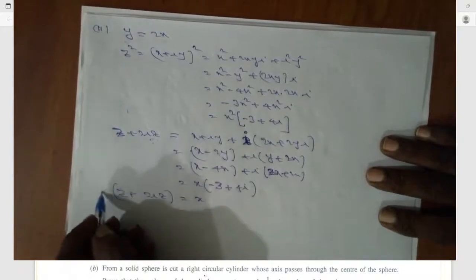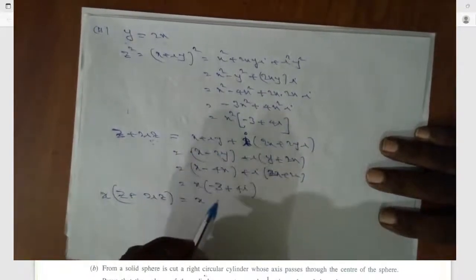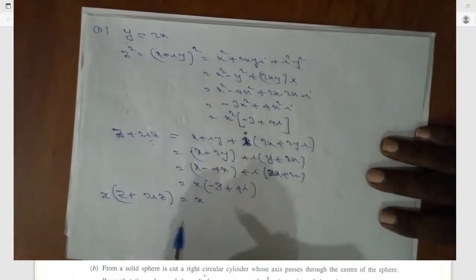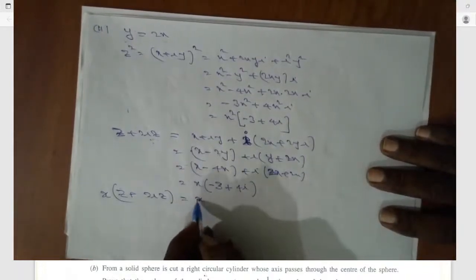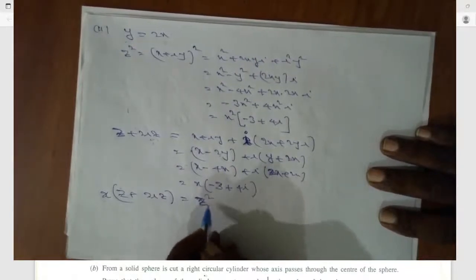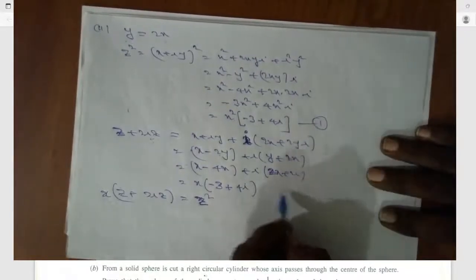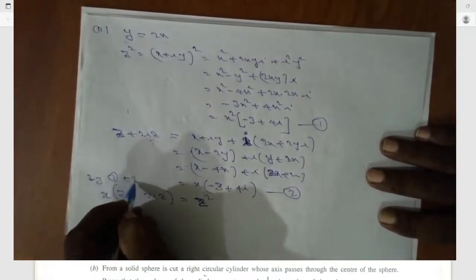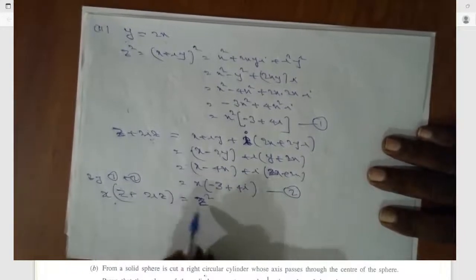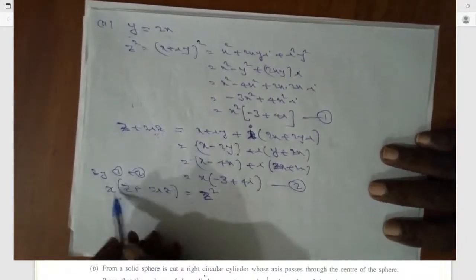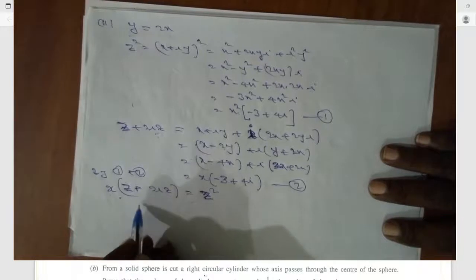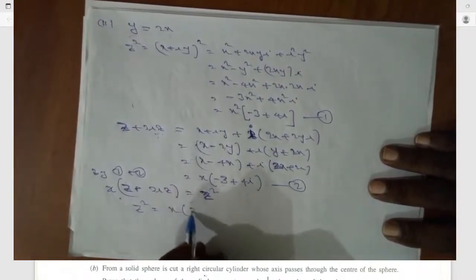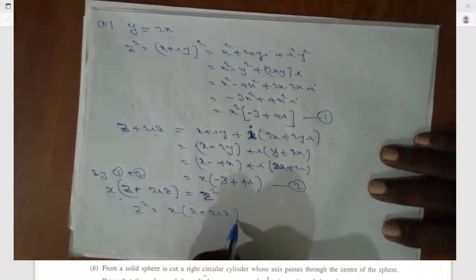So by 1 and 2 you can construct this relationship: z squared is x times (z plus 2iz).